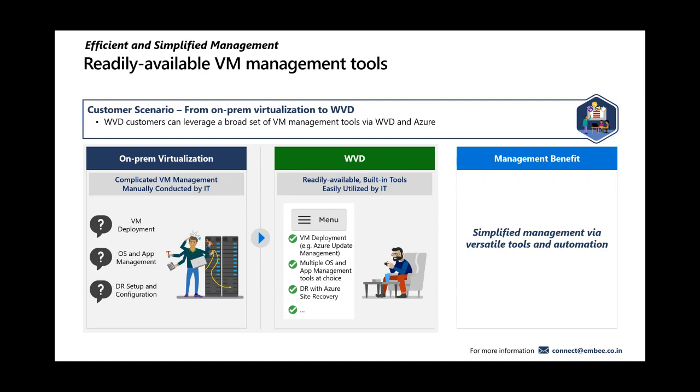So all these features are readily available to you in the WVD environment. That option is not there when it comes to on-premises virtualization. So, simplified management via versatile tools and automation. Azure is full of multiple services. You can use all these services with your WVD environment, and we have a tremendous number of services available that we are utilizing right now with our WVD services.